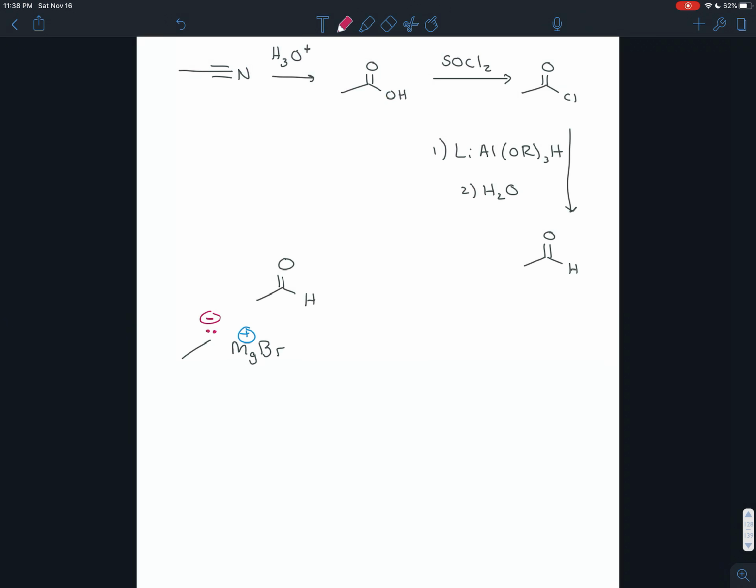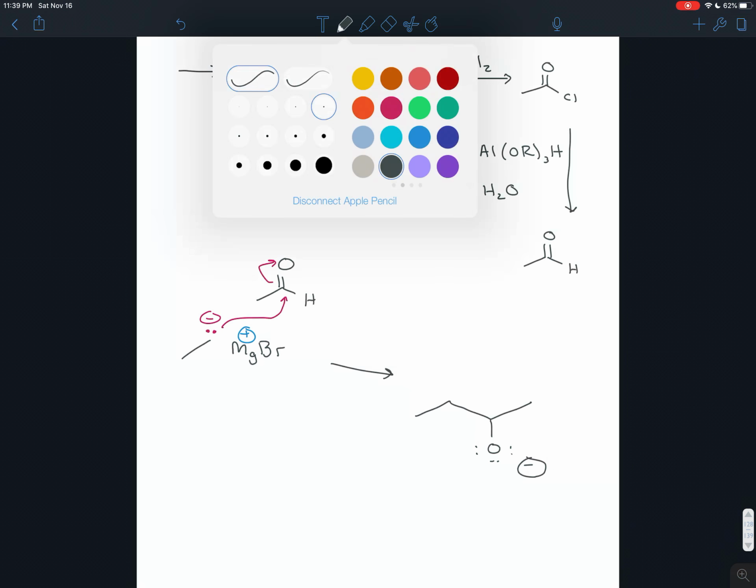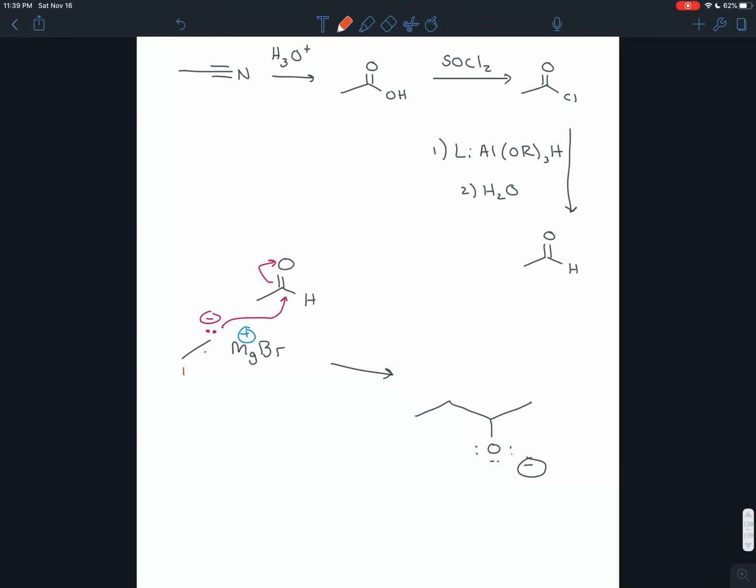The carbon nucleophile attacks the carbonyl carbon, kicks the pi bonds up, and now we have 4 carbons connected to each other. The third one is an O minus. So if you were numbering these to keep track, 1, 2, 3, 4, that's 1, 2, 3, 4.